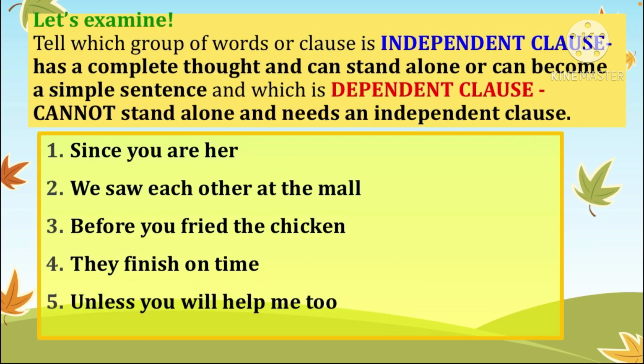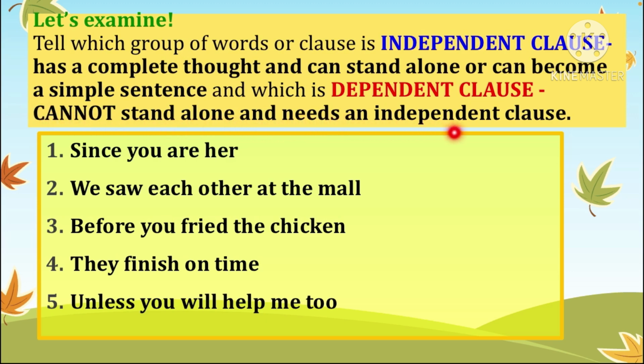Let's examine this group of words. Tell which group of words or clause is independent clause and dependent clause. Again, kids, independent clause has a complete thought and it can stand alone as one simple sentence, while the dependent clause has no complete thought and cannot stand alone.